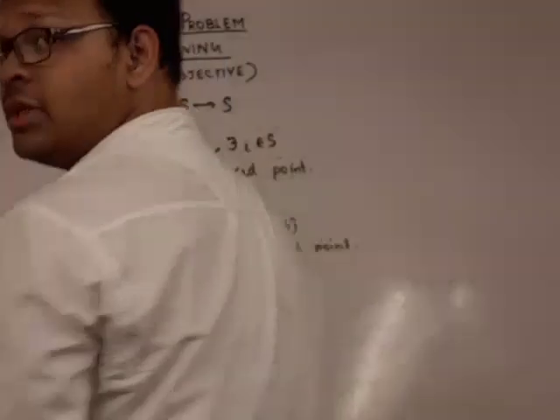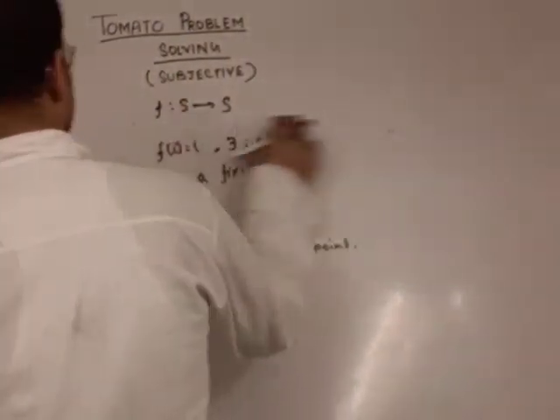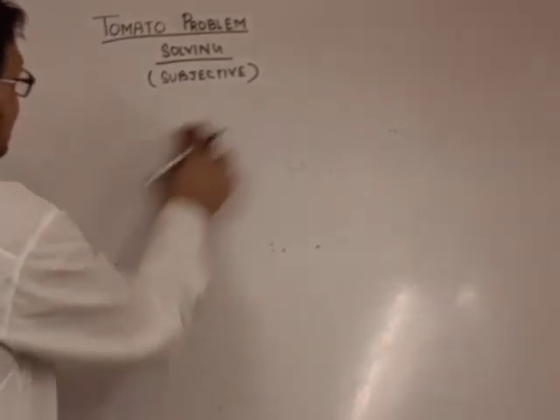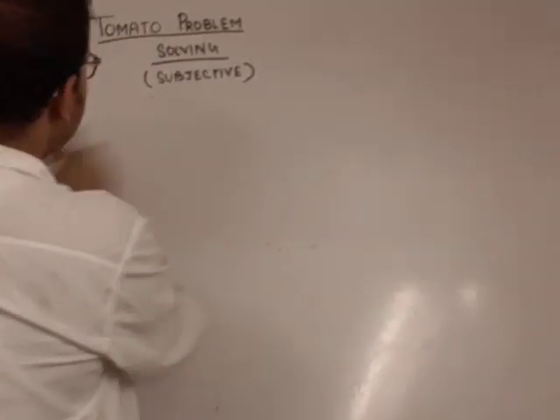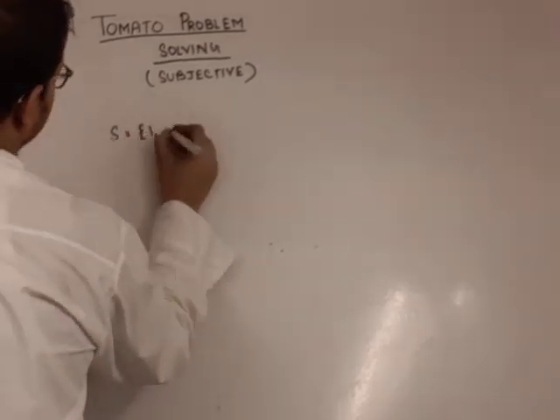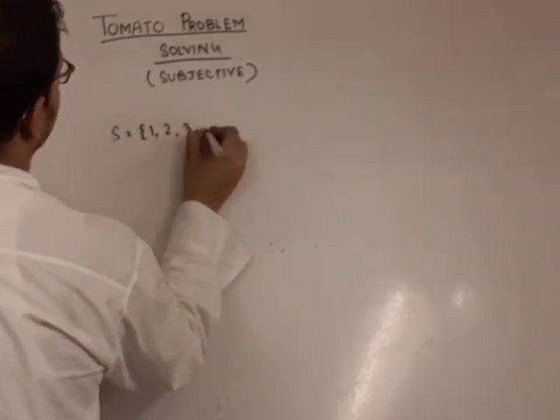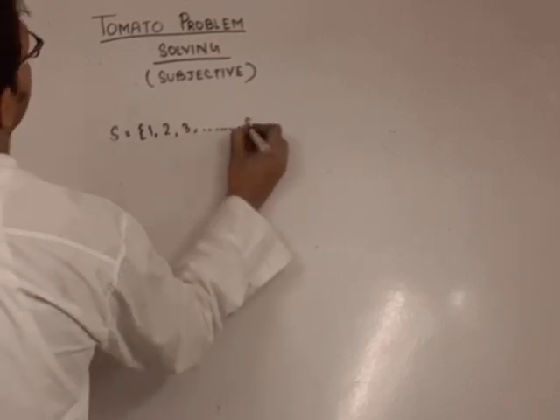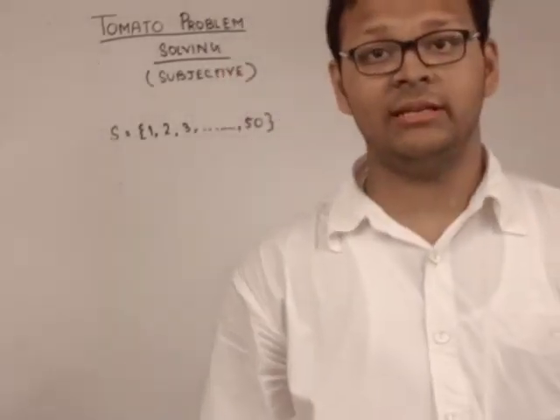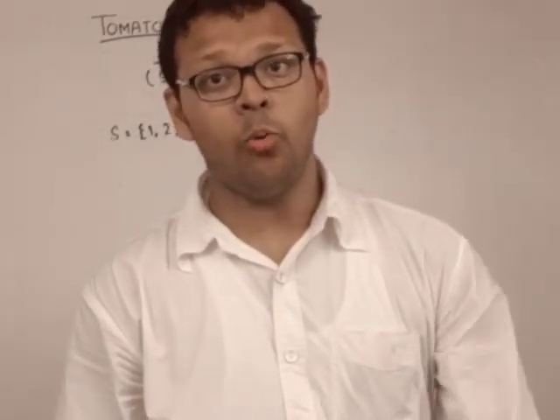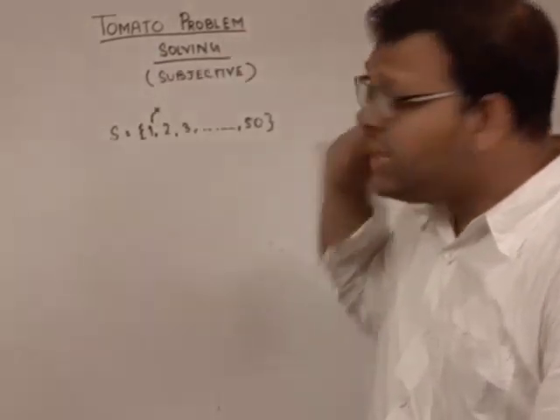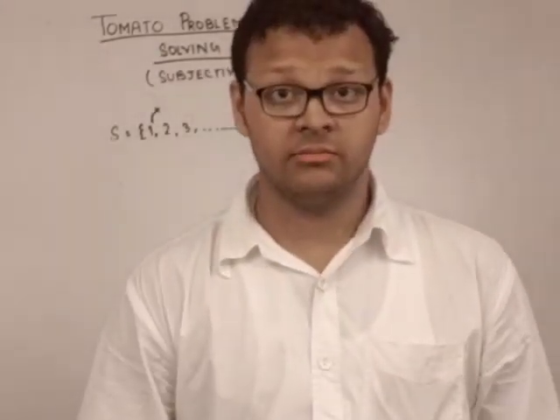Okay. For solving the problem, we need the fixed point idea. The set of integers that is given to us is 1 to 50, and we are told that the sum is odd. Now I say 1 is the fixed point, which means 1 is fixed.